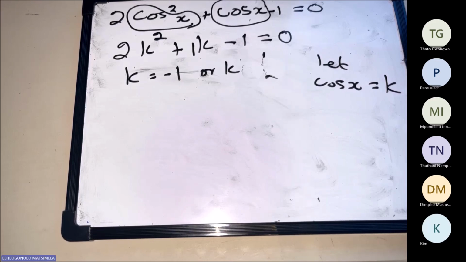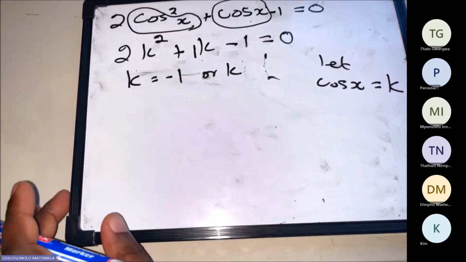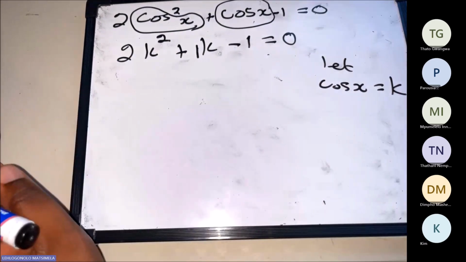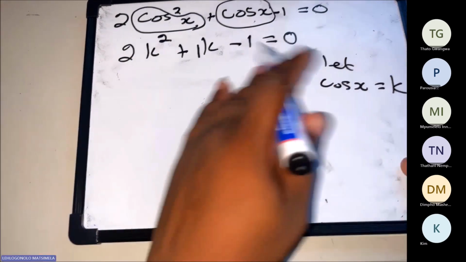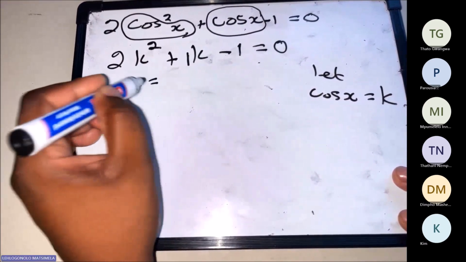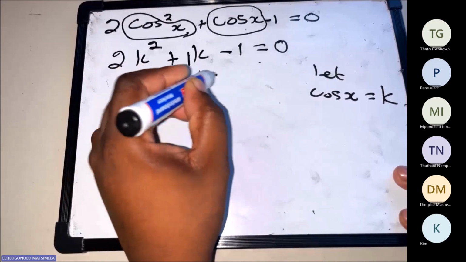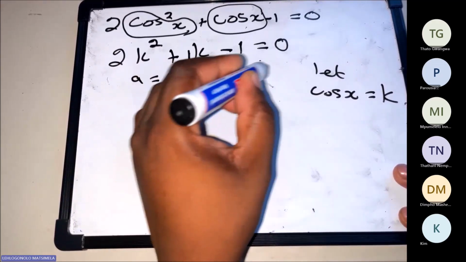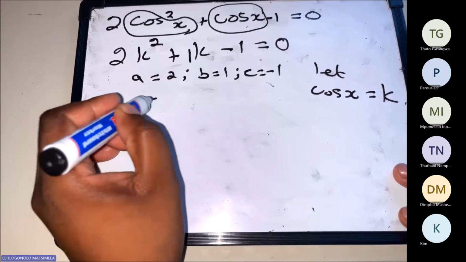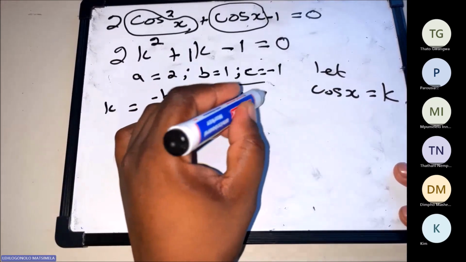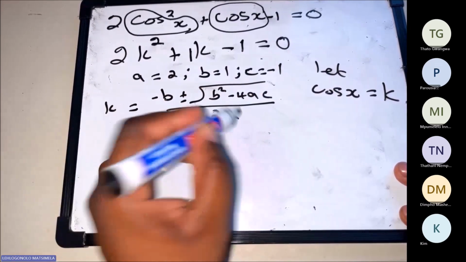Okay, now we come here. Since now I know my values, I can use the quadratic formula that says if A is equal to 2, B is equal to 1, C is equal to minus 1, then the value that I'm looking for is K. It's minus B plus or minus the root of B squared minus 4AC, divided by 2A.